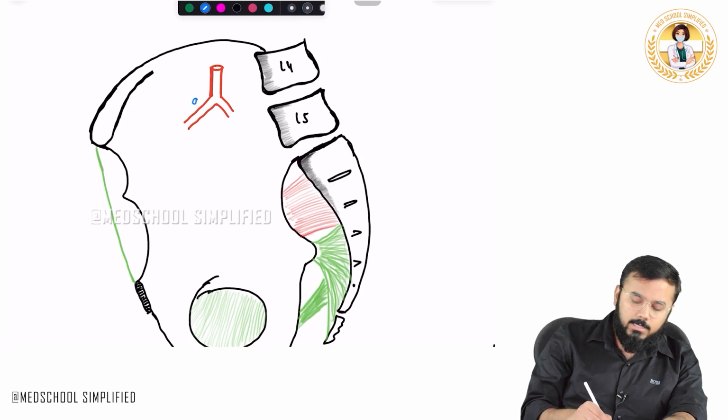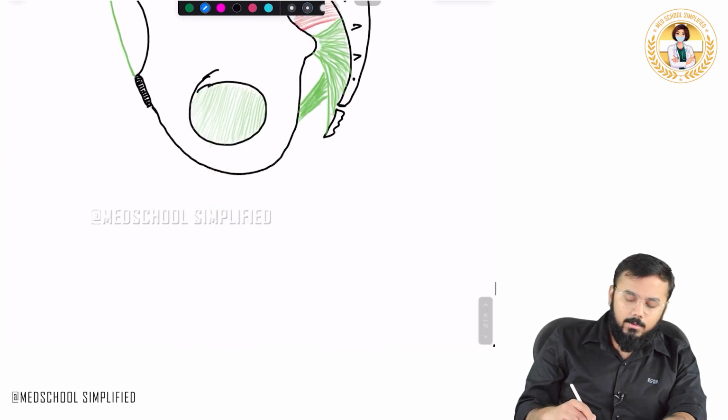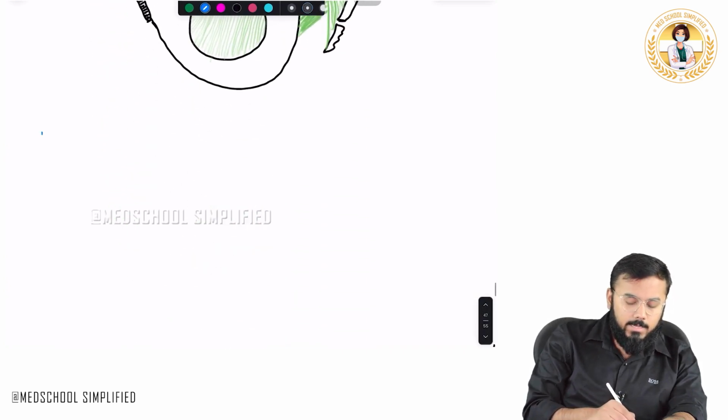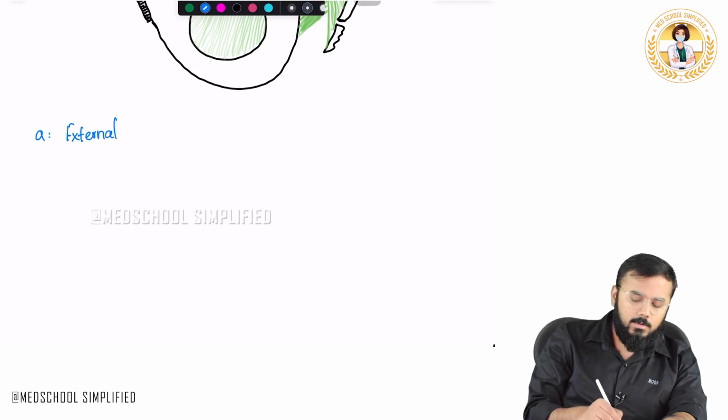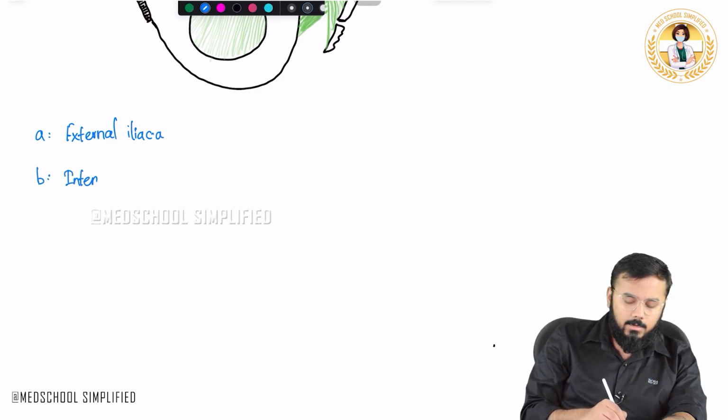I'm naming these branches A and B. A here stands for external iliac artery, and B here stands for internal iliac artery.